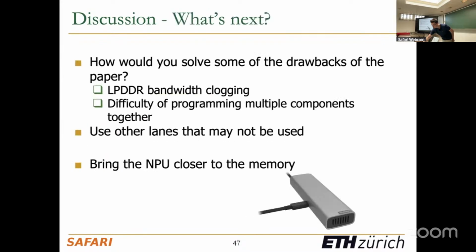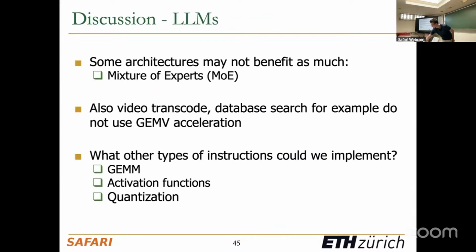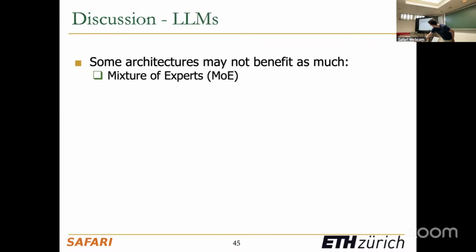So some architectures may actually not benefit as much. For example, mixtures of experts will not benefit as much from Lincoln.